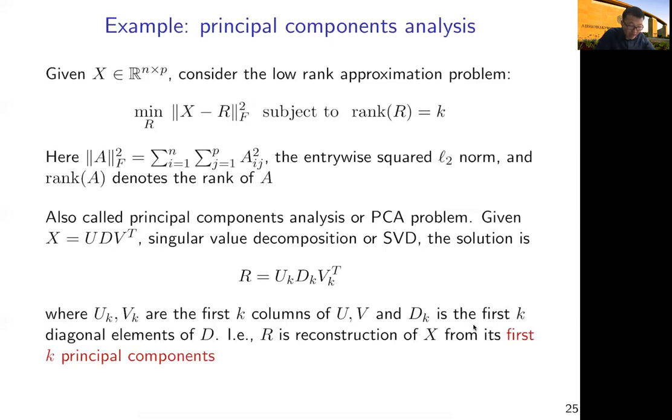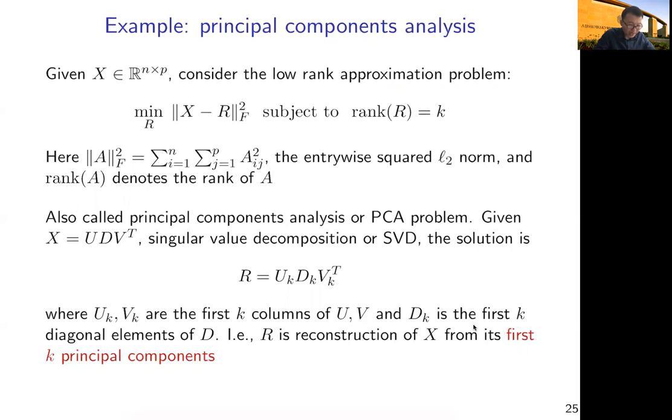And the F norm is what we call the Frobenius norm. You can think about it by just vectorizing the matrix inside it and then taking the Euclidean L2 norm. That's the easy way to see the Frobenius norm.